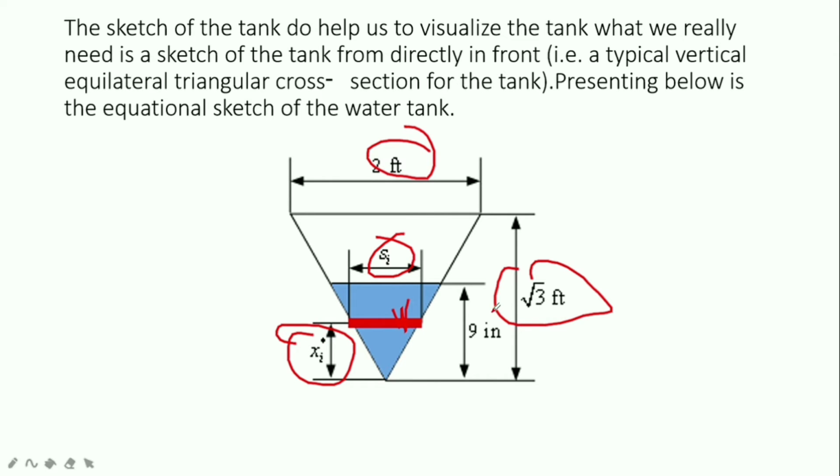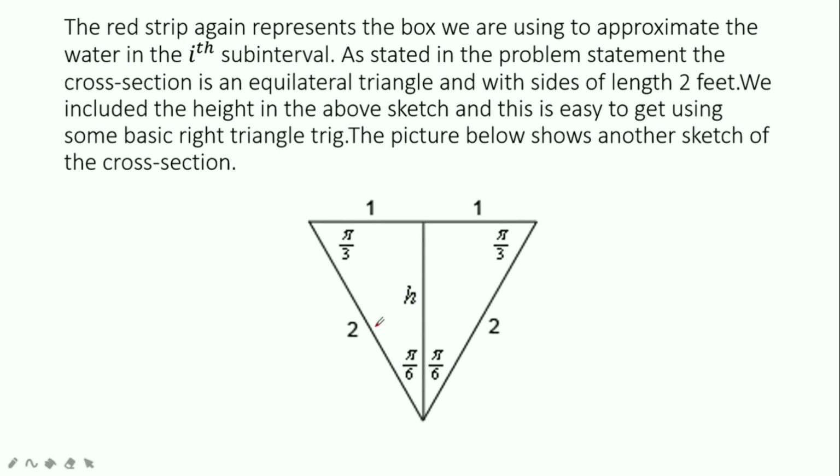Also included is the distance from the surface of the water to the bottom of the tank, which is 9 inches. The red strip again represents the box we are using to approximate the water in the ith subinterval. As stated in the problem statement, the cross-section is an equilateral triangle with sides of length 2 feet.